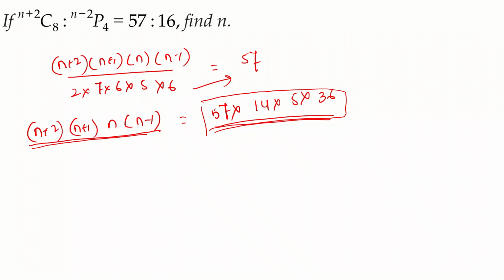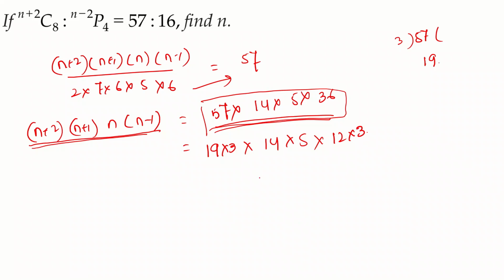So what we can do is, is 57 a prime number? No, 57 is divisible by 3, right? So I can divide by 3: 3 1s are 3, 3 9s are 27. So 57 can be written as 19 times 3. So let me write it down as that. 19 times 3 is 57, times 14 times 5 times 36, where 36 can be written as 12 times 3.